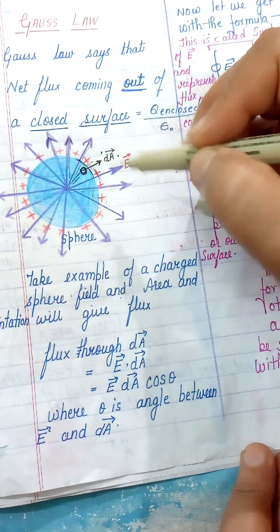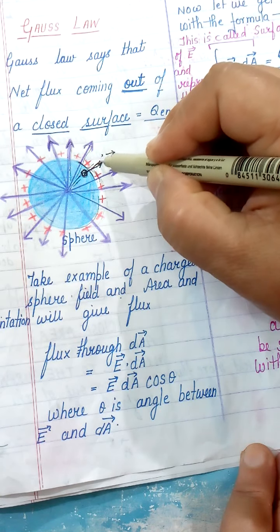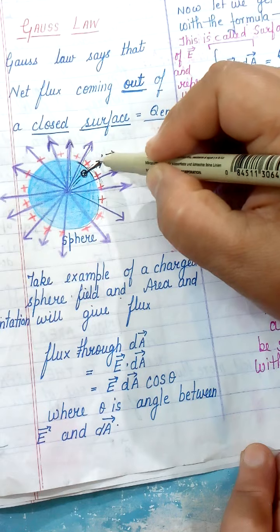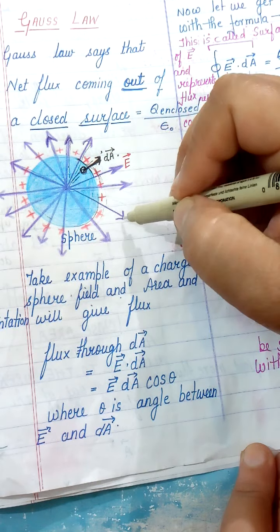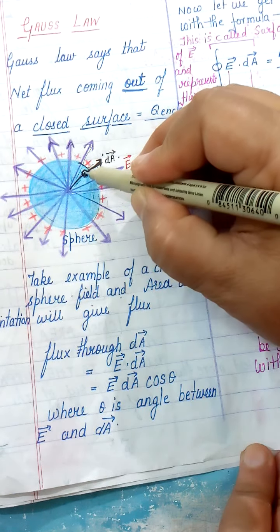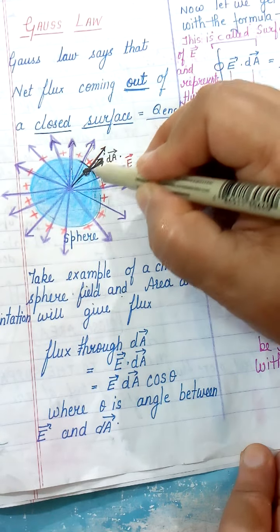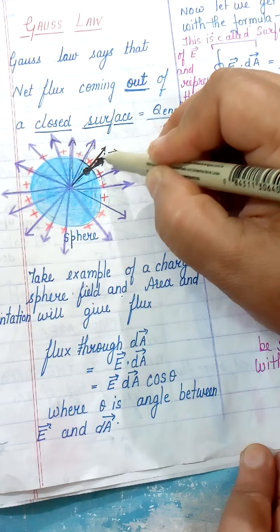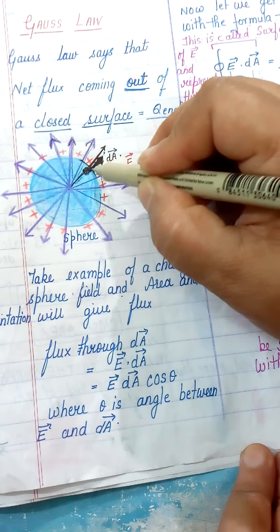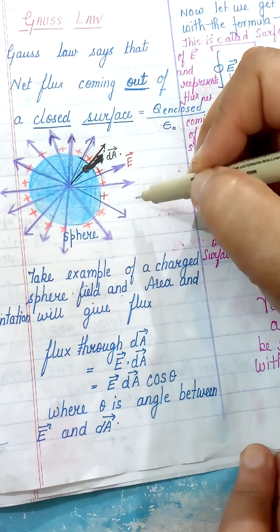At this point, the area vector is perpendicular to the surface, and the electric field line will also be perpendicular to the surface.